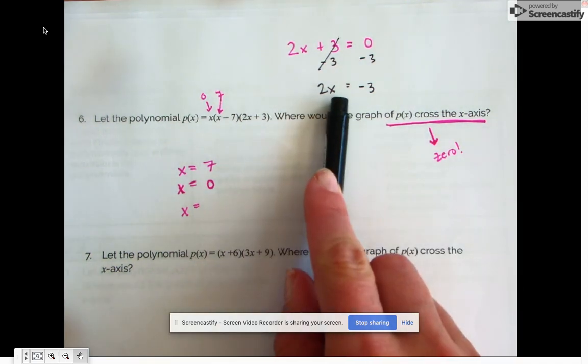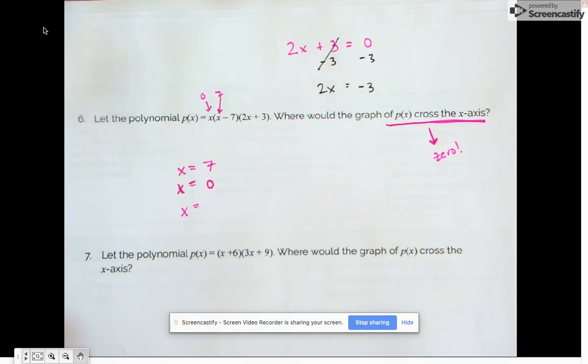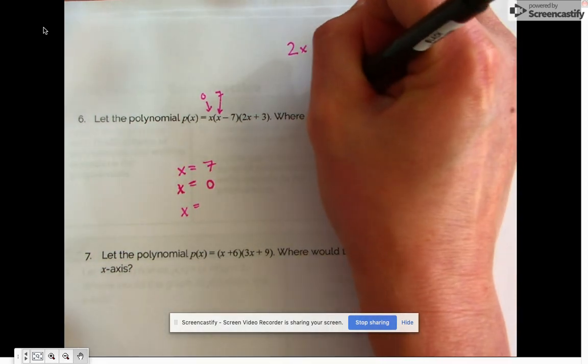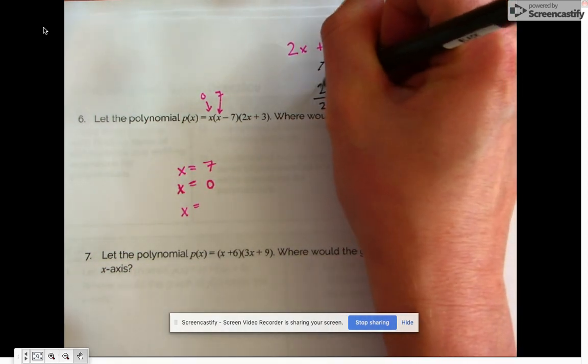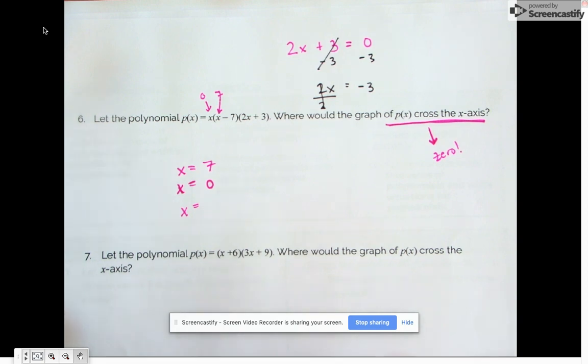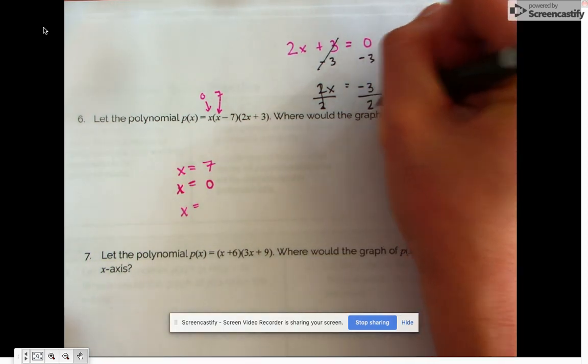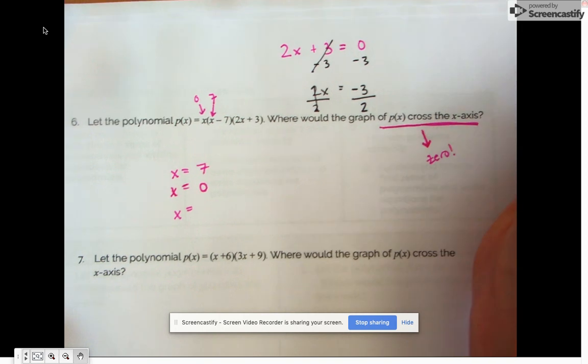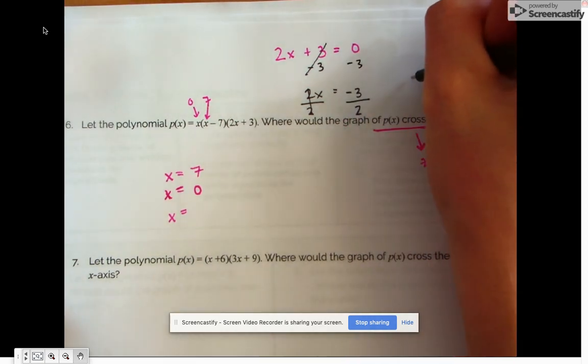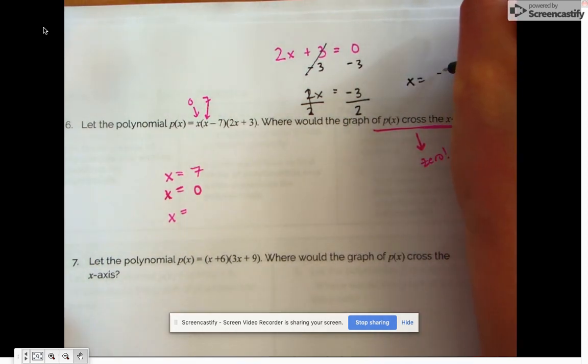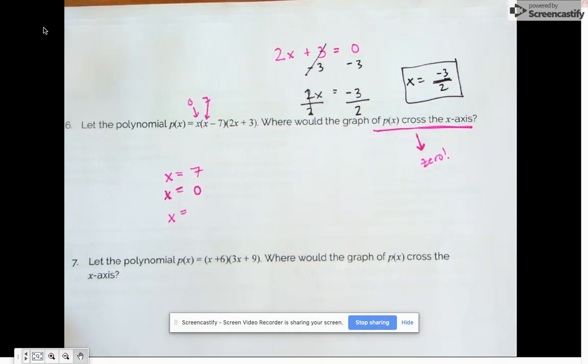Then my last step to isolate x, to get x all by itself, is going to be to divide by 2. So if I divide by 2 over here, it cancels out. X is all alone. If I divide by 2 over here, I'm left with that as my final answer. So I'm going to write the final step over here. I get x equals negative 3 over 2. So it is definitely okay and expected to get fractions as your final answer.